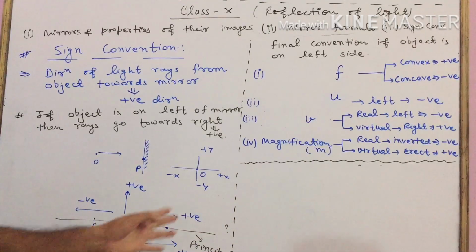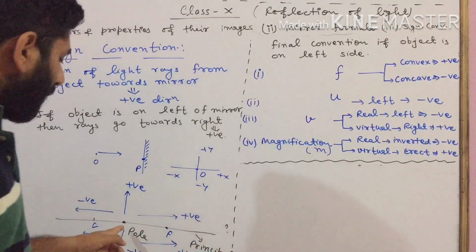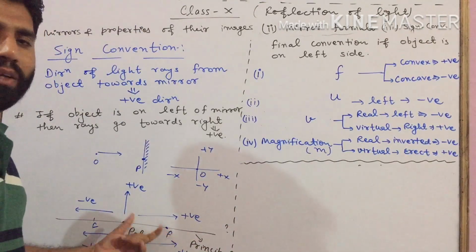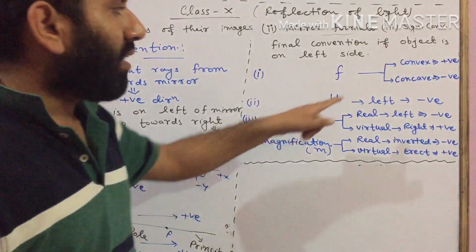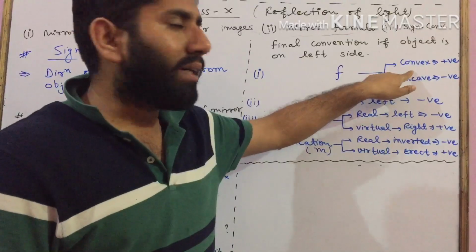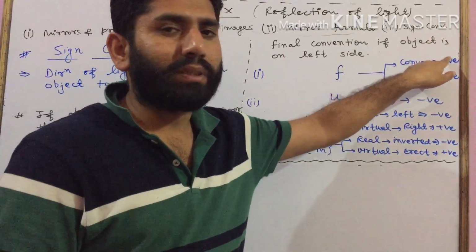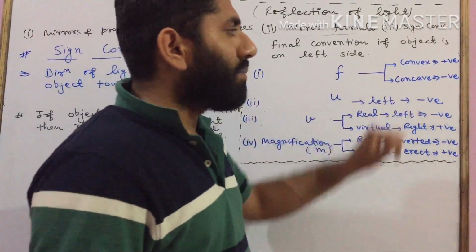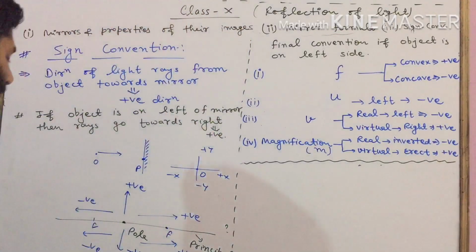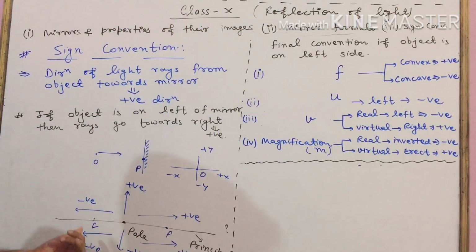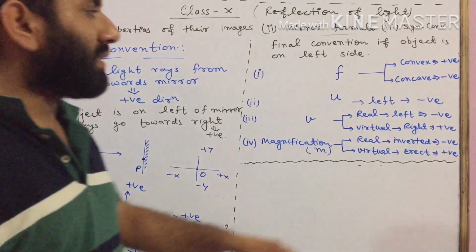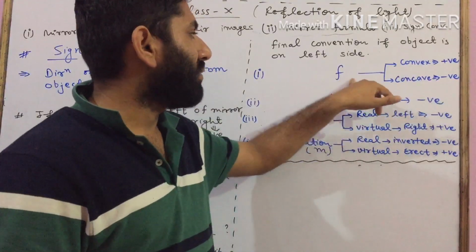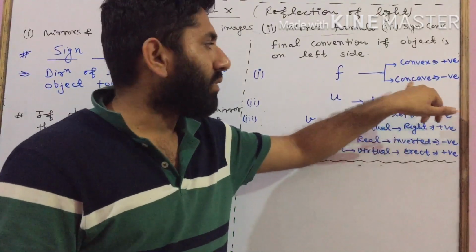If the focus is lying on the right side, the distance from the pole to the focus is towards right, so that distance has to be positive. So if we have a convex mirror, its focal length will be positive. But in case of a concave mirror, the focus lies on the left of the pole. Because it is towards left, this distance will be negative, hence the focal length will be negative for a concave mirror.